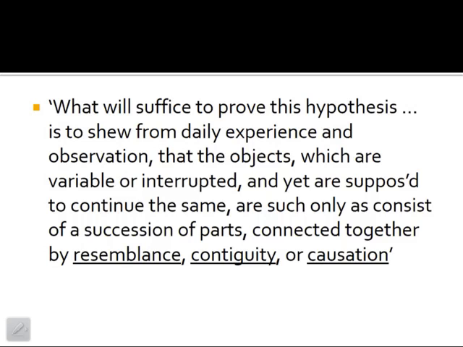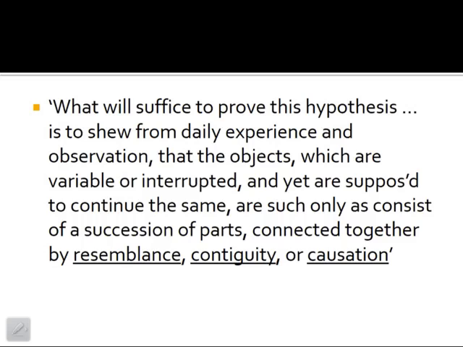So for the rest of Module 3 and Module 4, we're going to go through 6 examples that Hume gives to demonstrate how we make this mistake in everyday life, how we confound identity and diversity.